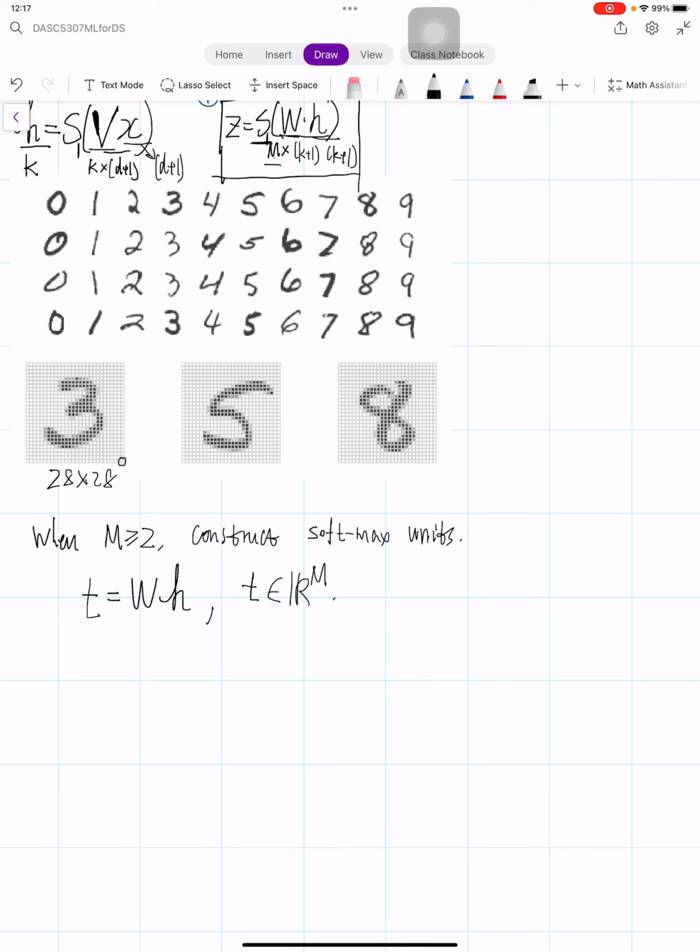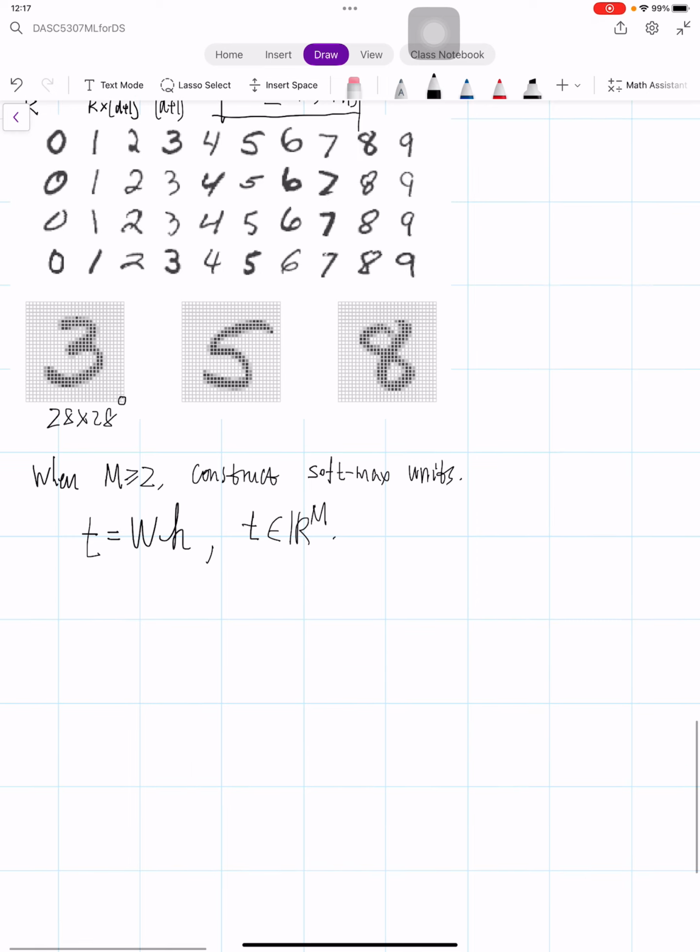The softmax activation function is given by, for example, for the first label, what's the probability to predict 0?